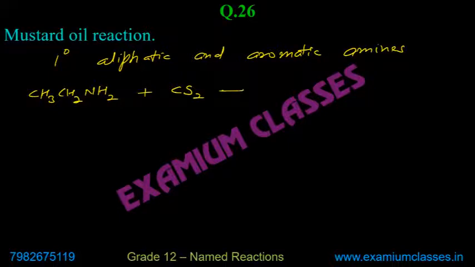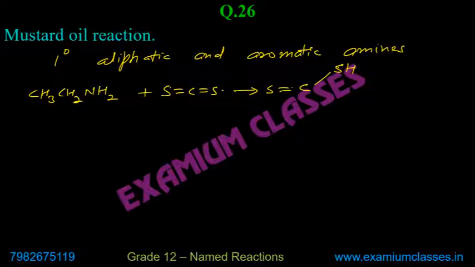So you will get here S, let me write something like S=C=S. That gives a better idea of how it is. Okay, so this SC remains like this. This double bond becomes a single bond, and with this sulfur, one hydrogen gets attached.